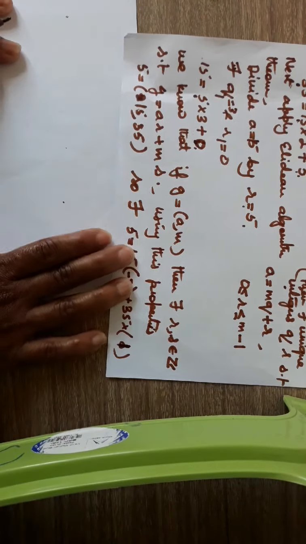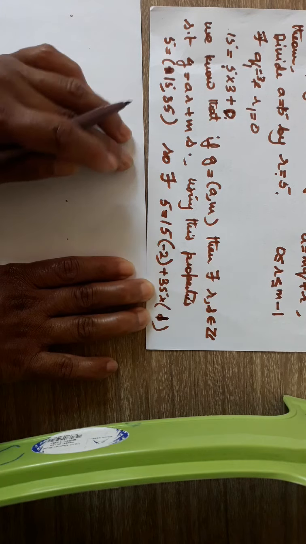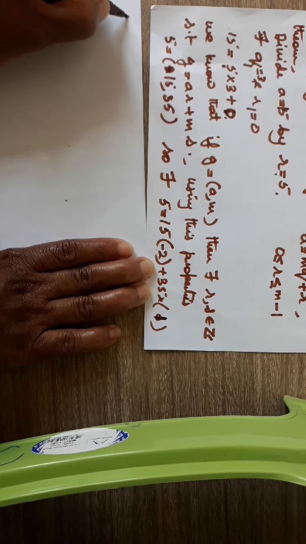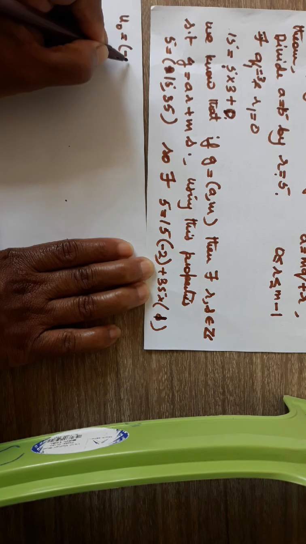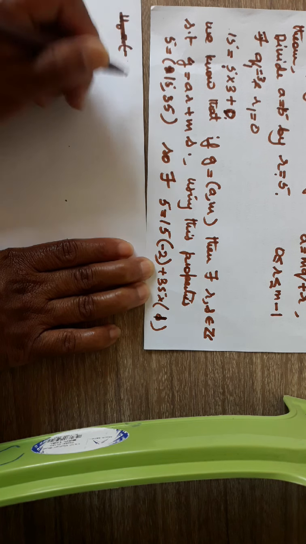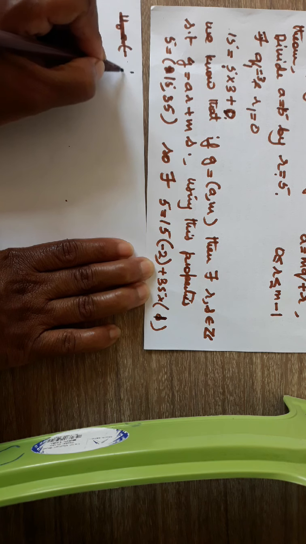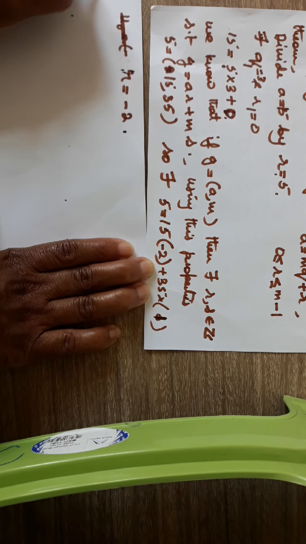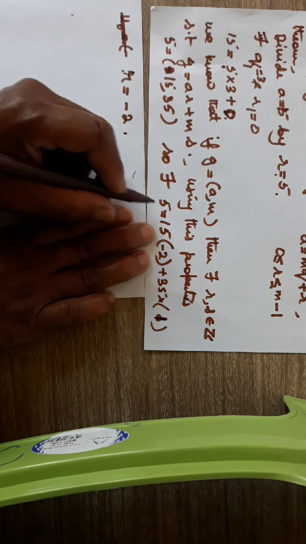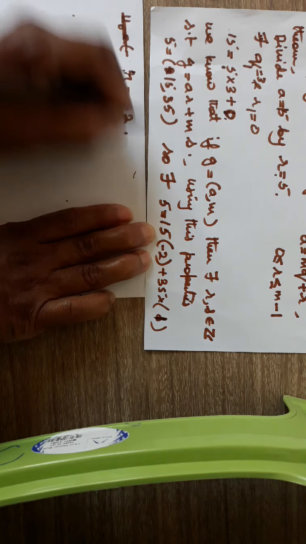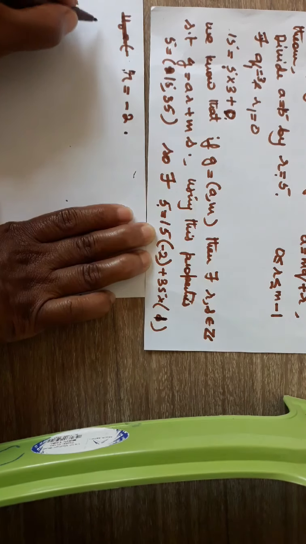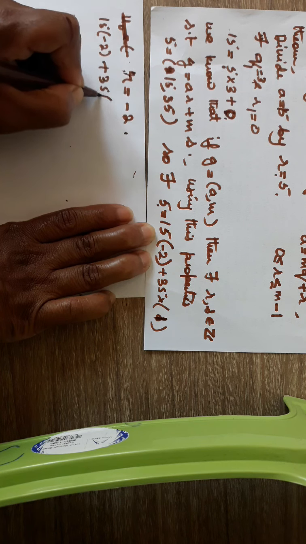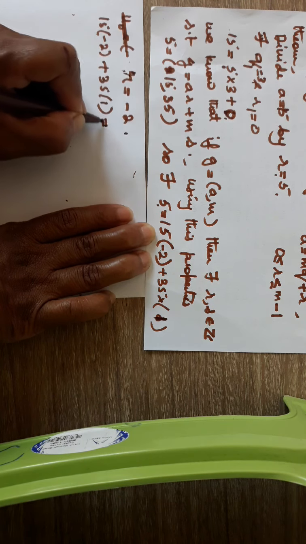So from here, let R be equal to minus 2. This implies that 15 into minus 2 plus 35 into 1 gives you 5.